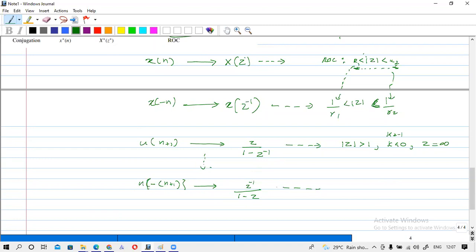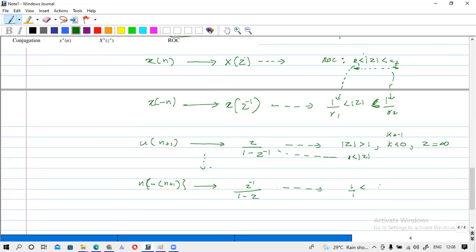Now the ROC will be reciprocal of this. You can see that the upper limit is said to be z greater than 1. Here, for the original one, the normal without time reversal, z will be less than 1. I have made a mistake, so I have to get the 1 by z. If I get 1 by 1, it does not change.